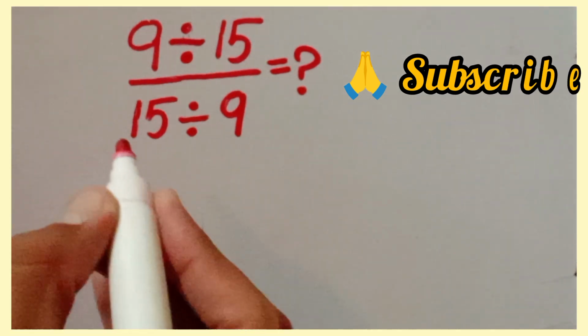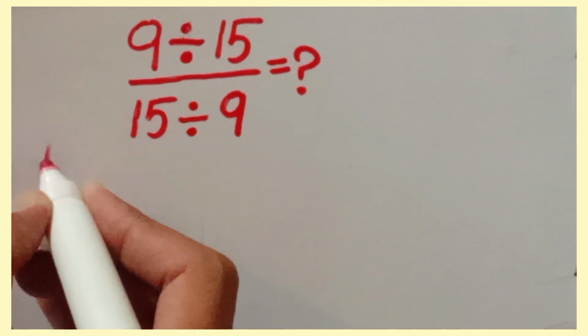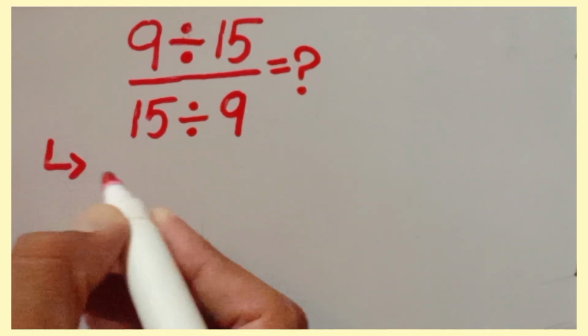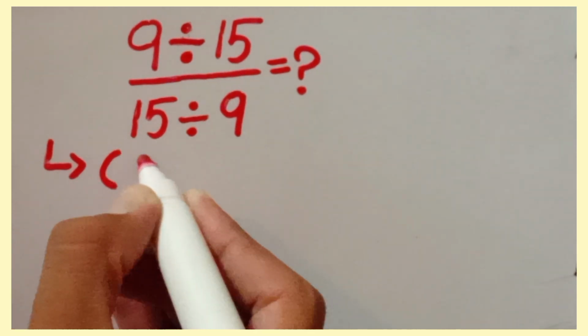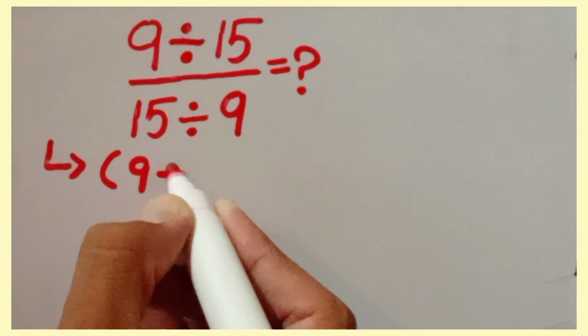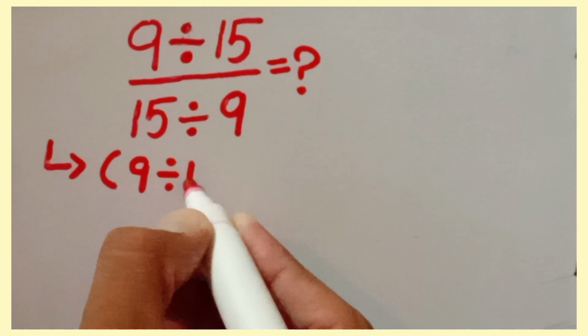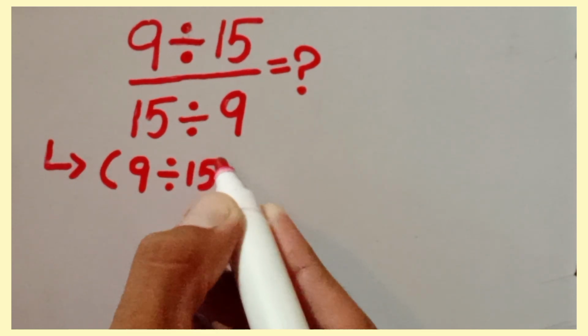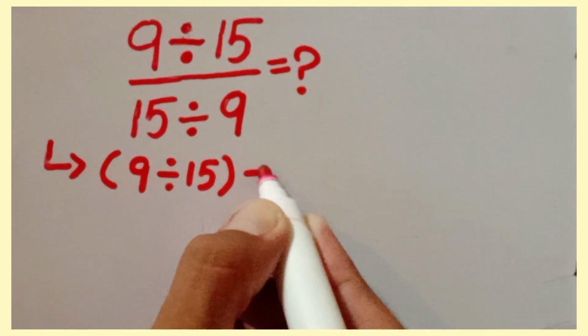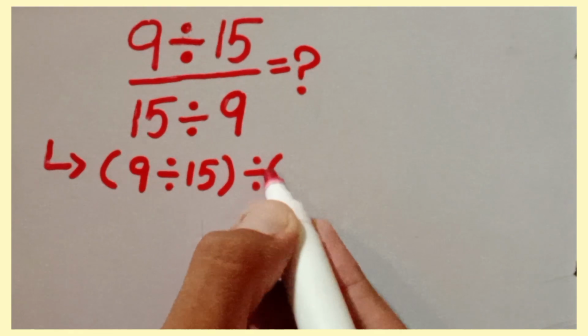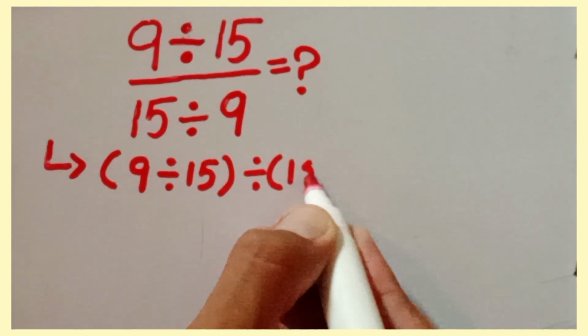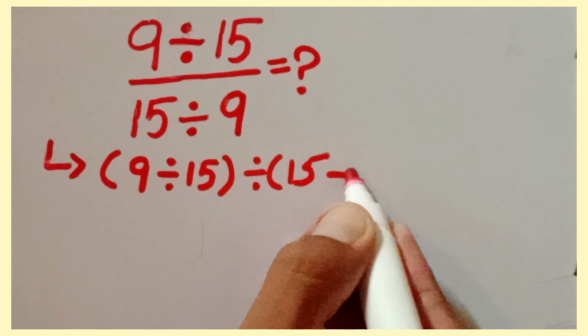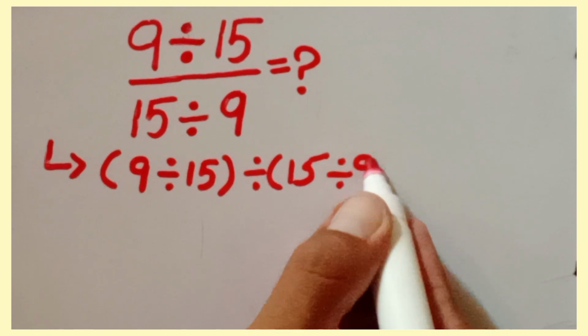So let's start. Firstly, we can write it as parentheses 9 divided by 15 parentheses divided by parentheses 15 divided by 9.